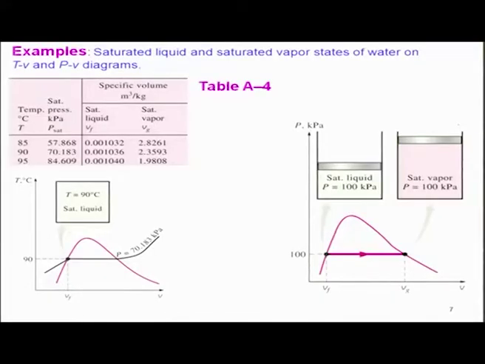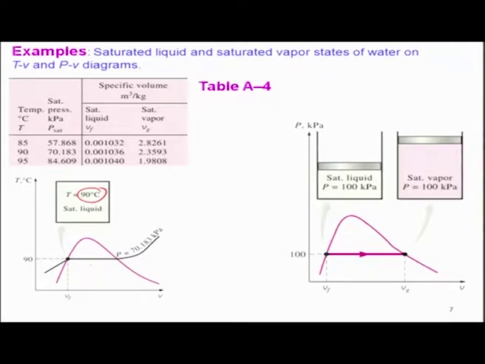To give an example, you have a case where the tank contains a saturated liquid at 90 degree Celsius. So essentially on the TV diagram, since T of 90 degree Celsius is less than the critical point and is saturated, it will be somewhere below here. But what would be the corresponding pressure for T of 90?